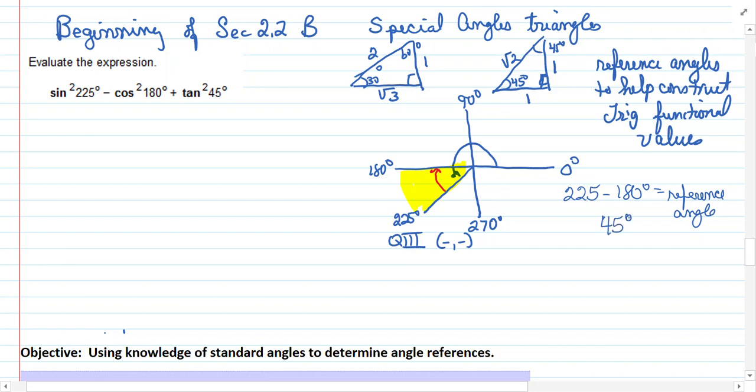That's awesome. But I know quadrant 3, and we want the sine, so we know quadrant 3 is negative for sine.